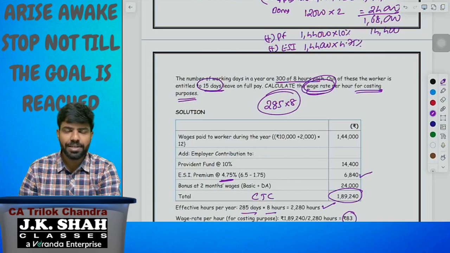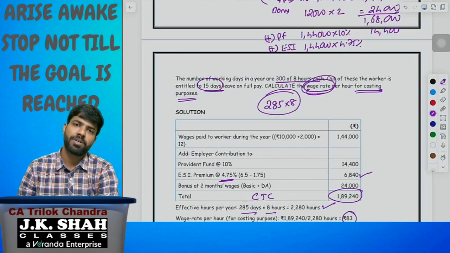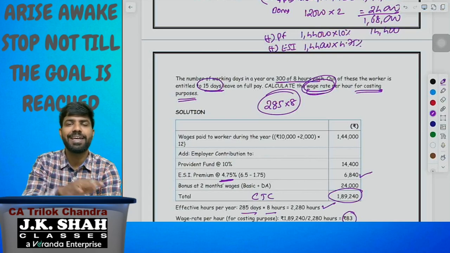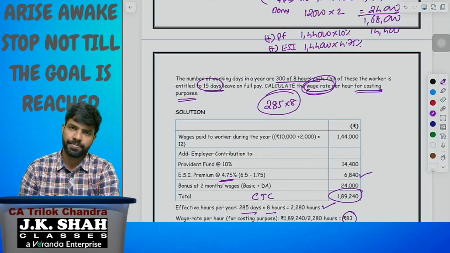Are you understanding? Here they are asking wage rate, so we need to calculate CTC, cost to the company. We already discussed. If you have any doubt, please watch the last video, where I clearly explained the difference between CTC, total earnings, and net earnings.